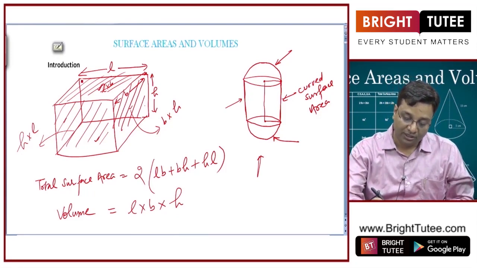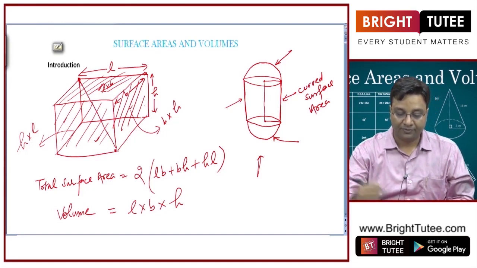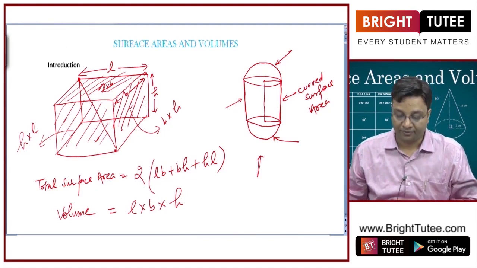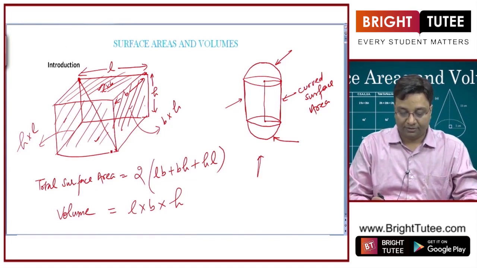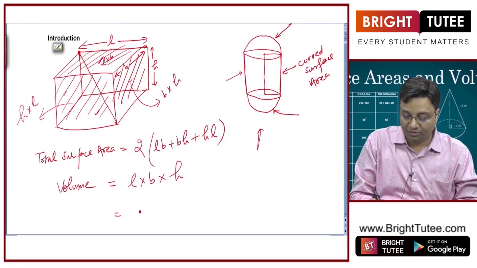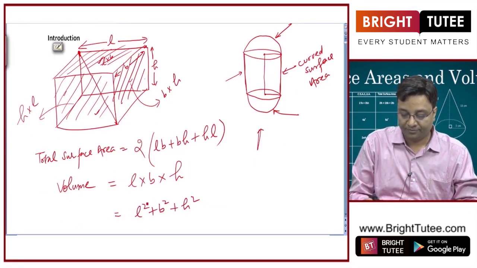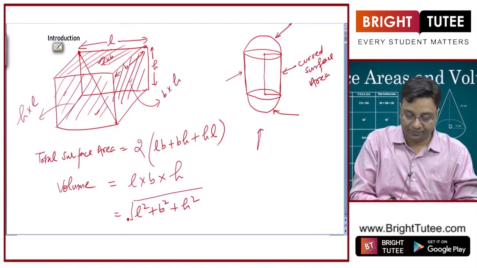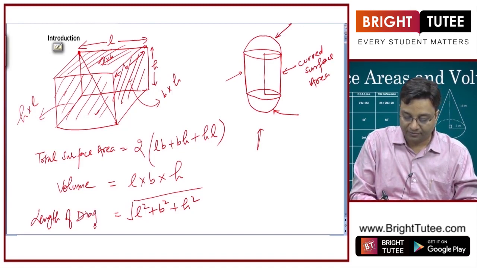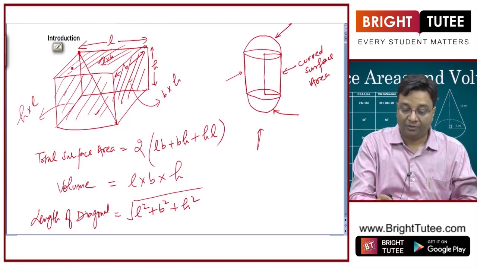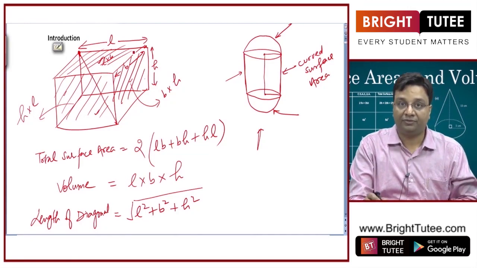And if you talk about the length of this diagonal, if I join this point and this point here, what was this length? The length of this diagonal is equal to square root of L square plus B square plus H square. And I am not talking about the diagonals on the surface.